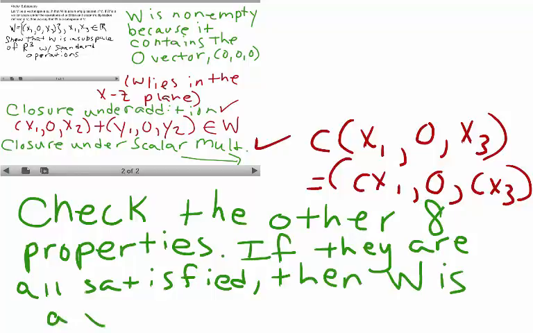And for this particular example, they would all be satisfied, and we could confirm that W is a vector space of V.